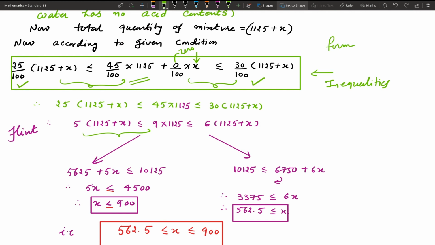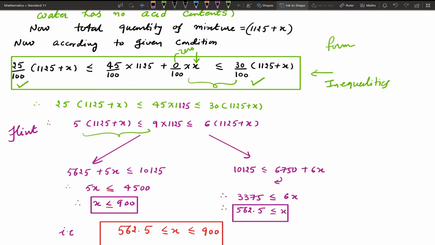Again, you note that we have added x liter water and the added water has no acid content, so the total mixture is 1125 plus x, and the given range is 25% to 30%.